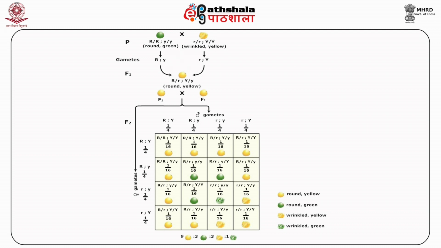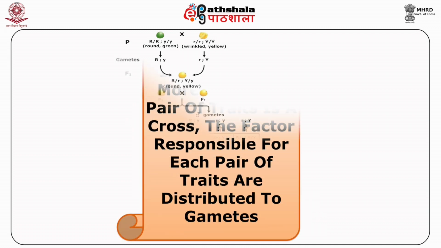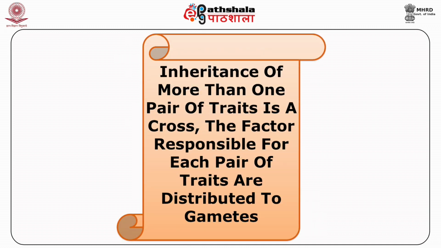He concluded that alleles for different traits assort independently of one another. In short, it states that in the inheritance of more than one pair of traits in a cross simultaneously, the factors responsible for each pair of traits are distributed to the gametes.